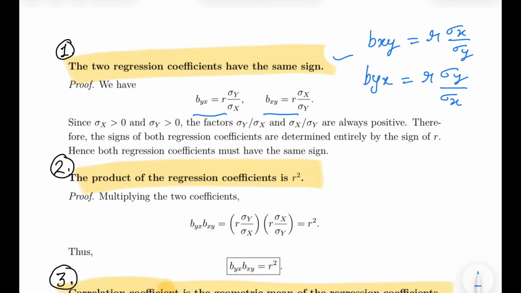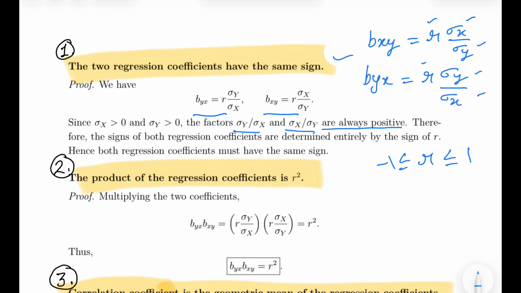Here r is the correlation coefficient, and you must know the correlation coefficient lies between -1 and 1. Sigma x and sigma y are the standard deviations, and standard deviations can never be negative. So the ratios sigma y over sigma x and sigma x over sigma y are always positive.